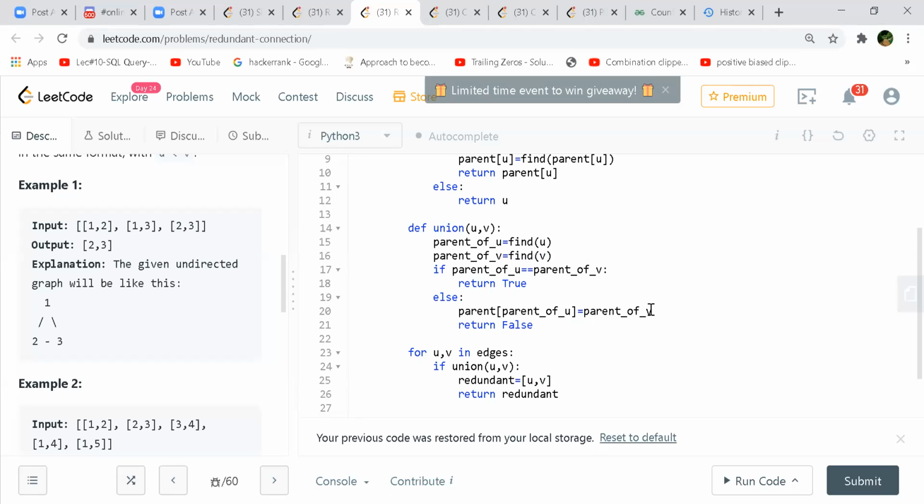But suppose there is a cyclic graph 1, 2, 3. If I remove 1, 2 from that, then it will still be able to visit all the nodes. No, if you start DFS from 1, then 2 and 3 won't be visited. If we remove the edge 1, 2, you can go 1 to 3, and then 3 to 2, so you can actually go through 1, 3, 2.